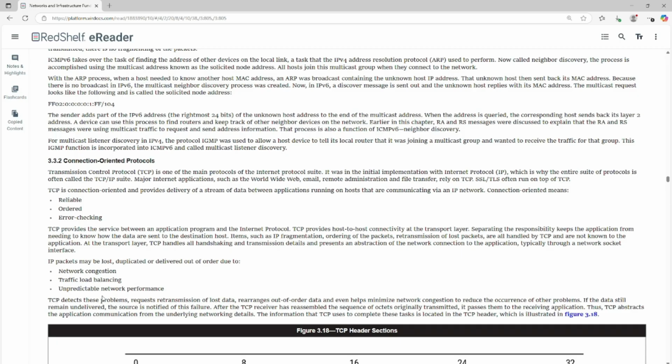TCP does detect all these problems, and that's why it requests retransmission of lost data, rearranges out-of-order data, and even helps minimize network congestion to reduce the occurrence of other problems.